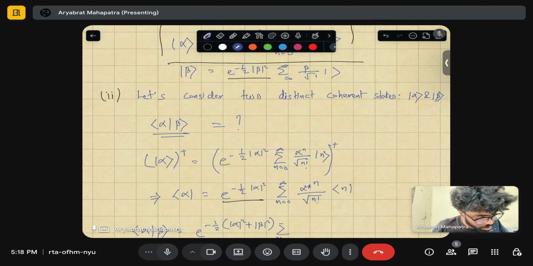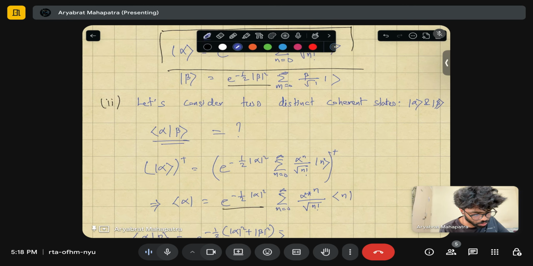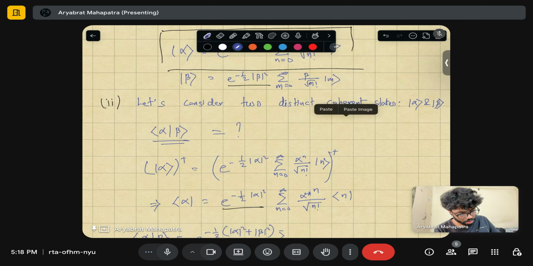It is best to use different notation whenever I'm working with two distinct states, or vectors, or anything. It is best practice to have two different indices. So I have changed all the n's to m for the beta coherent state.